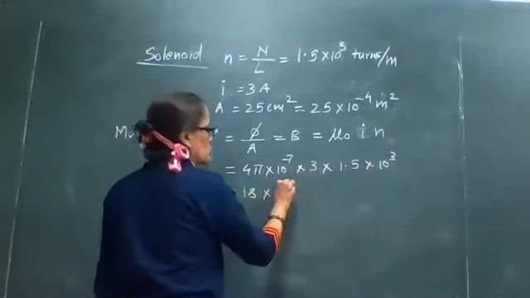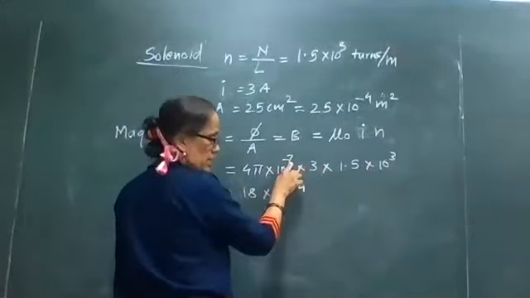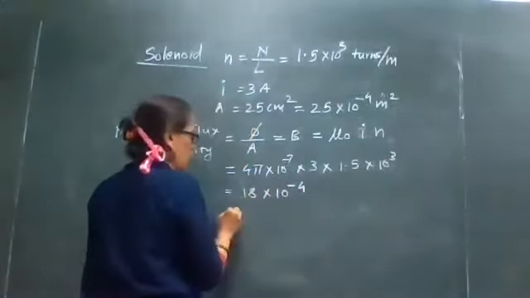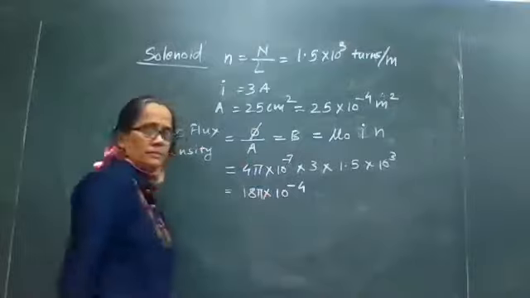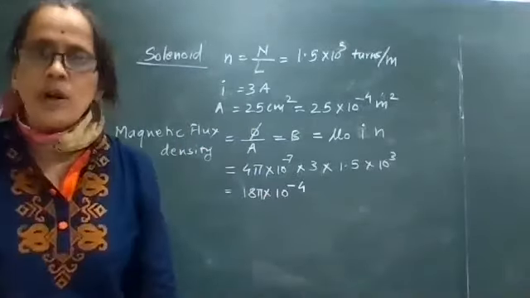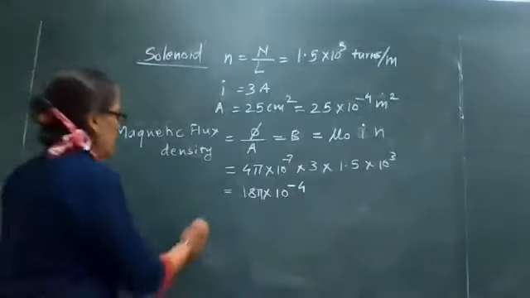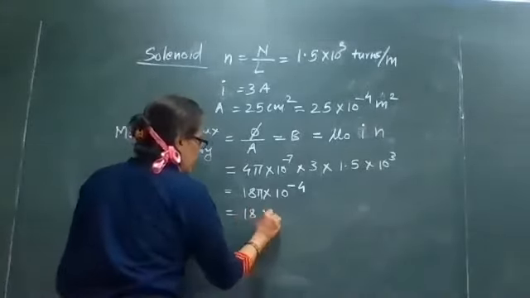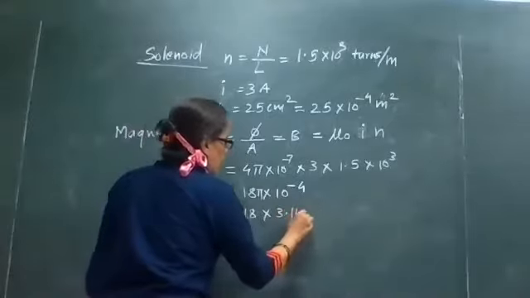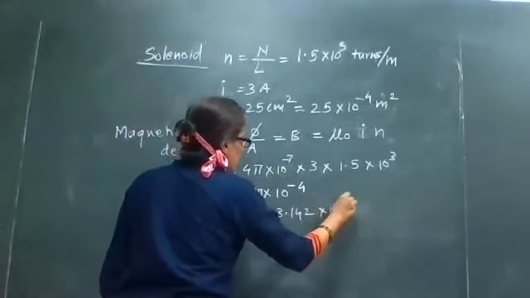Power of 10: minus 7 plus 3, that is minus 4, into pi. So 18 multiplied by pi, 18 into 3.142 into 10 raised to minus 4.